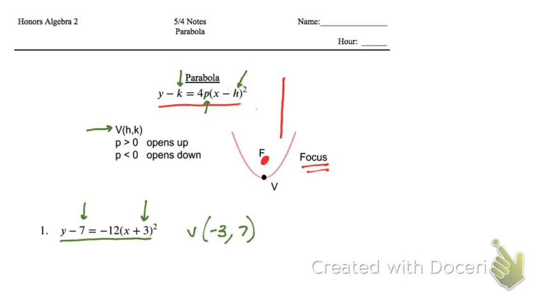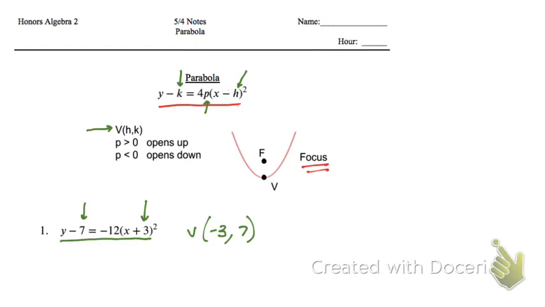The beams come from the satellite and hit your dish, and they get reflected straight in. No matter where it hits the dish, it gets reflected straight to that focus, which is where your receiver is, and that's how you can pick up all the channels with your satellite dish. So it kind of works in reverse on a satellite dish. So that's the purpose of the focus, and it's sitting inside of your curve.